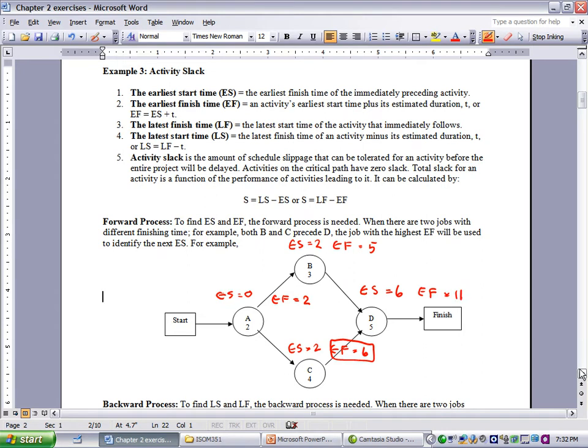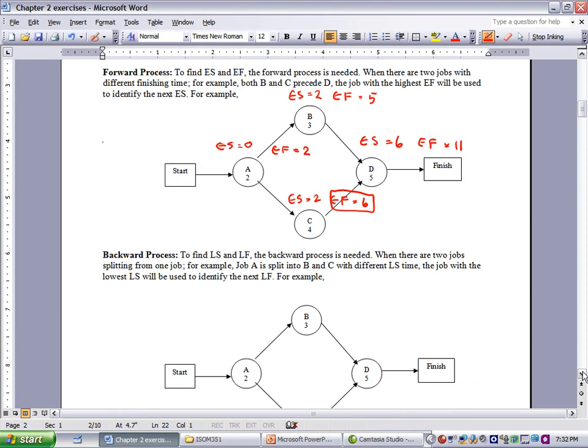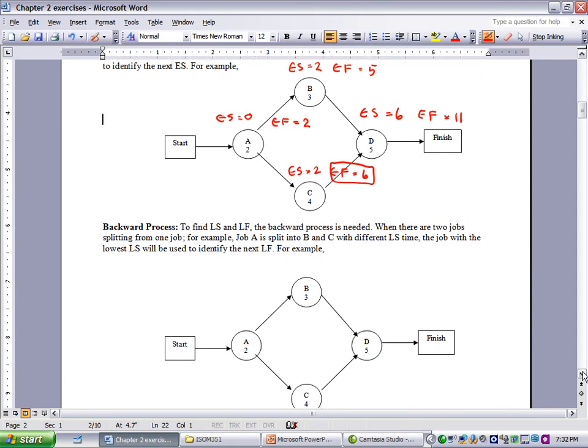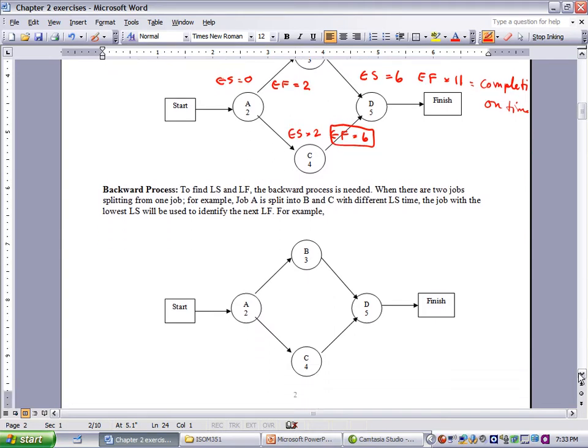Now, to go backward, we are going to do a backward process. The forward process will give out the highest number, which is completion time. And for the backward process, we give out LS and LF.